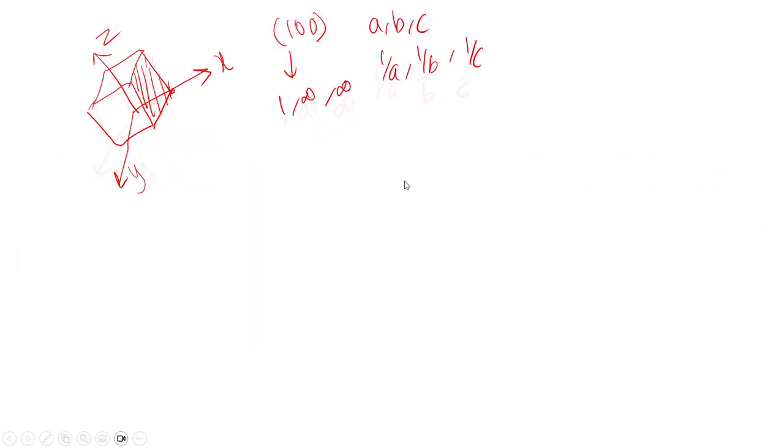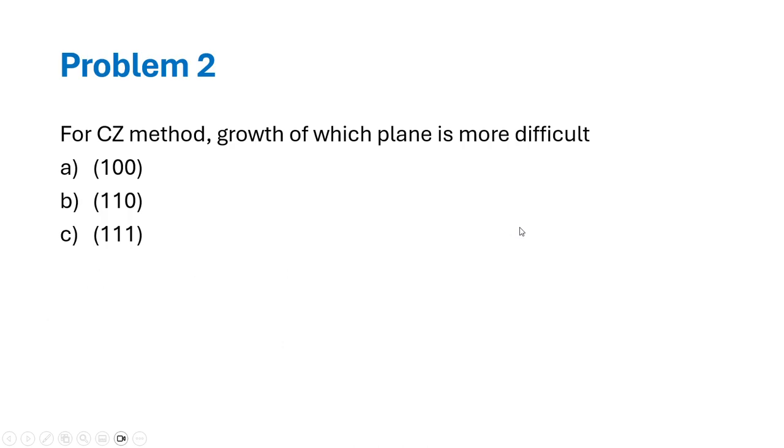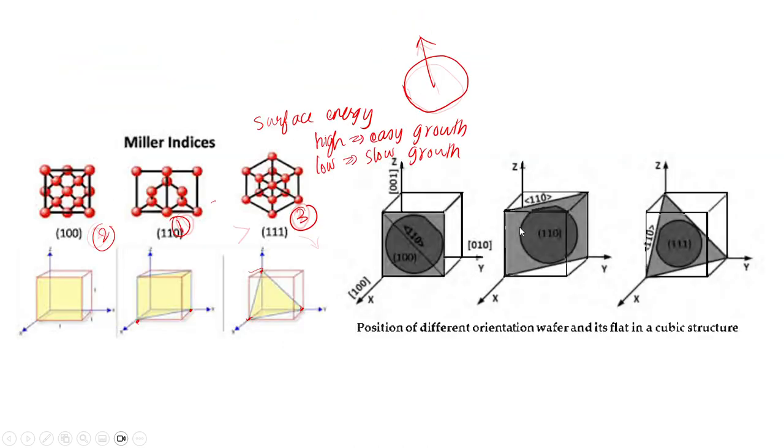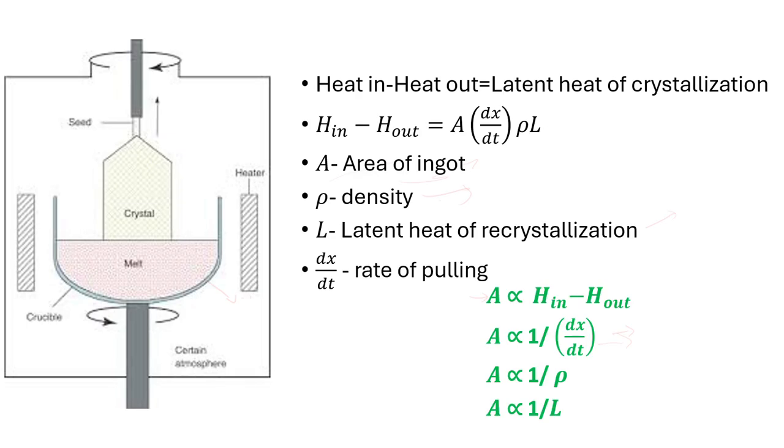Why are single crystal wafers circular, and what does the diameter of the ingot in the Czochralski method depend on? Yeah, I'll try to answer this. First, it is because we put the seed and rotate it in a circular fashion, so maybe that is how it is circular.